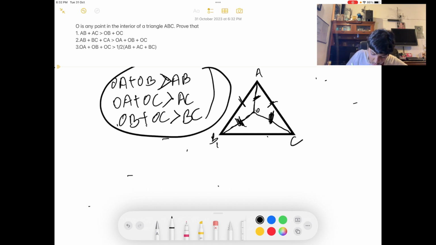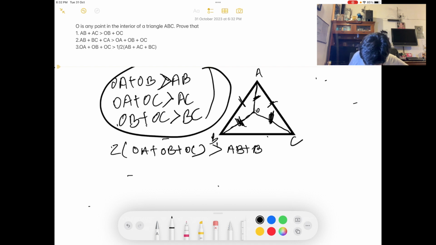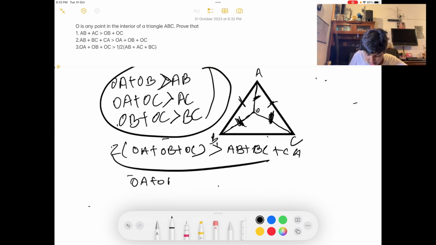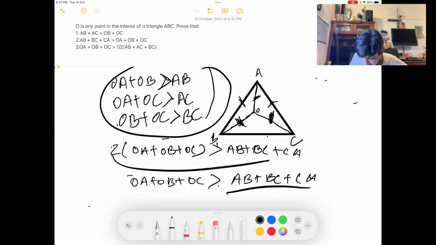So when we add all the three equations, what do we get? We get 2 times OA plus OB plus OC is greater than AB plus BC plus CA. And if we take the 2 to this side, we get OA plus OB plus OC is greater than AB plus BC plus CA divided by 2.